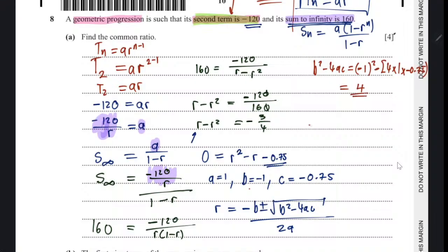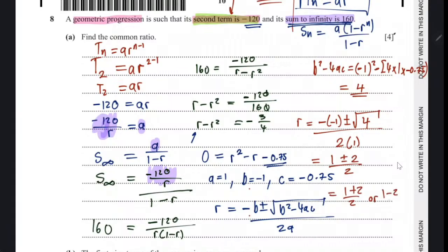So you can now say your R is equal to minus of B, which is minus of minus 1, plus or minus the square root of B squared minus 4AC, square root of 4, all over 2A, which is 2 by 1. So there we go. R is equal to 1 plus or minus root 4 is 2, all over 2. So you get it as 1 plus 2 over 2, or 1 minus 2 over 2.